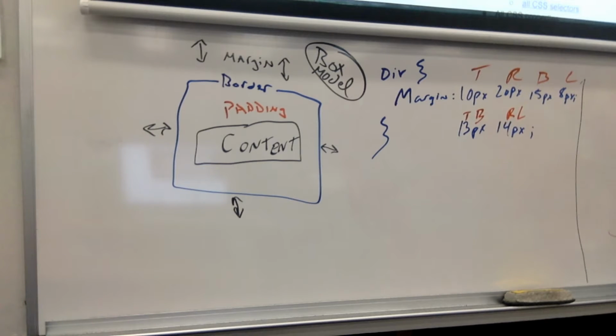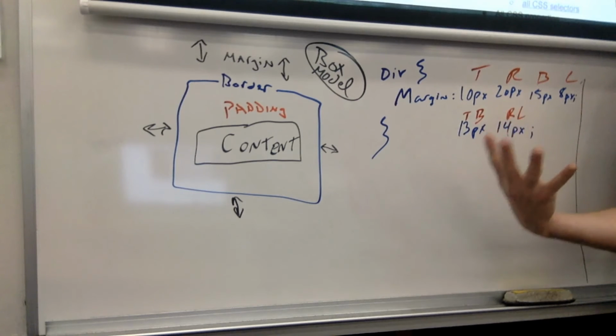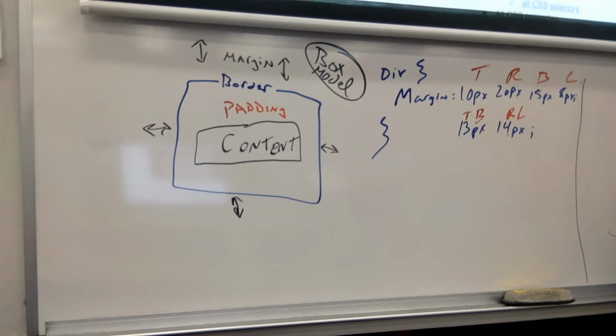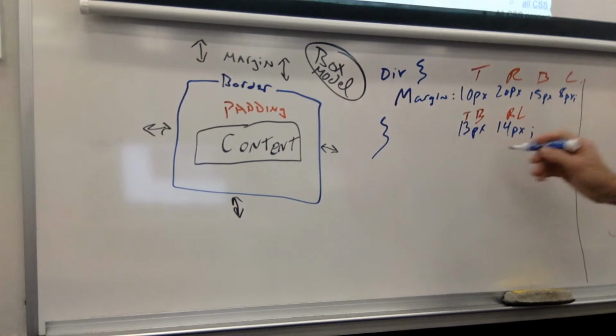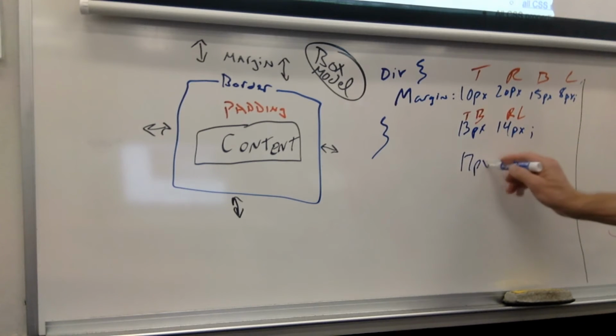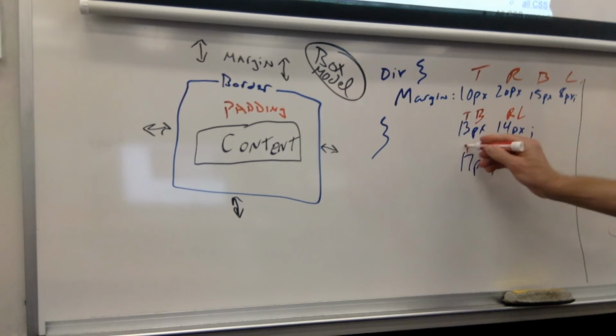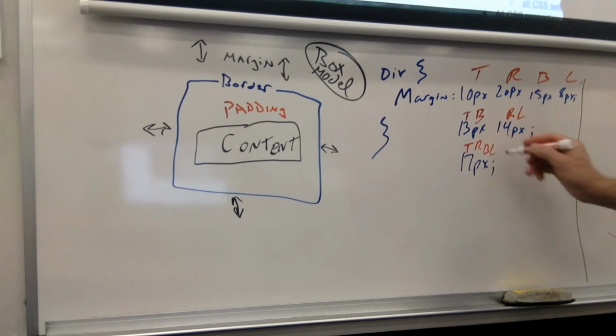So we could do 4 numbers, or we could do 2 numbers, or we could do 1 number. In which case, if we do 1 number, that is the top, right, bottom, left.